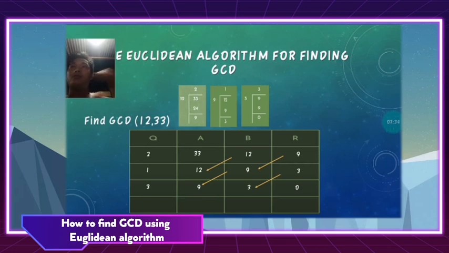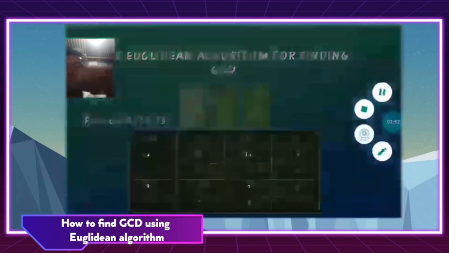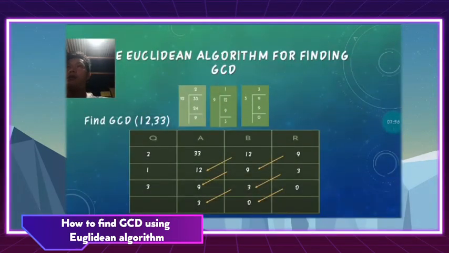Do the shifting operation one more time: 3 as A and 0 as B. Now perform the same division operation. We're going to divide 3 by 0, but division by 0 can't be performed.